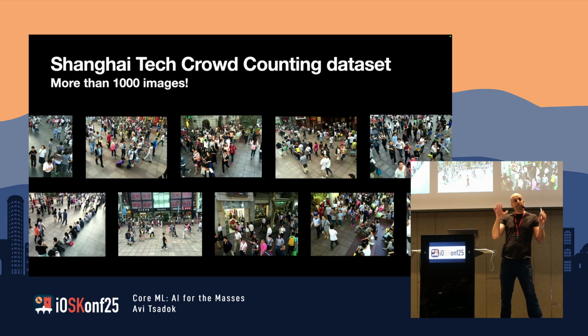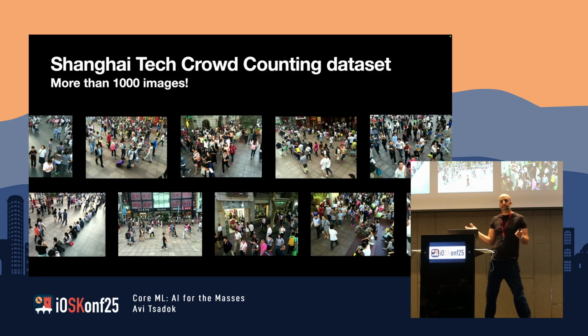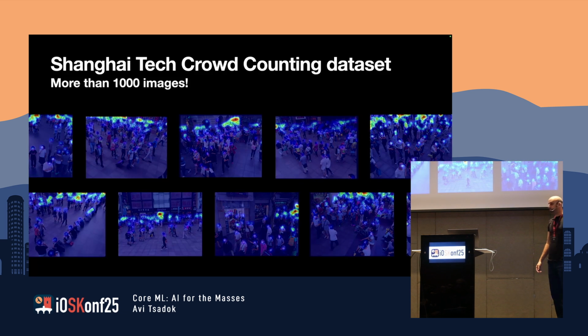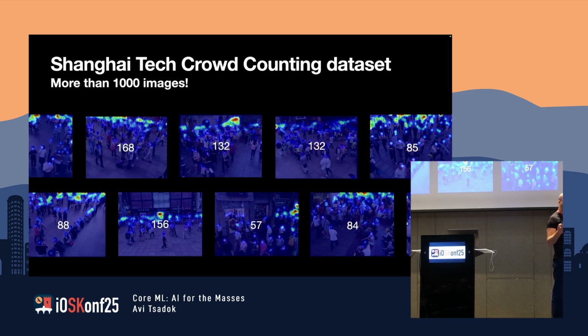And there were researchers in Shanghai who sat and really built a heat map for each one of the images. Because the main problem is that you need the image, but you also need a heat map so the neural network can learn. So they built all these heat maps manually and counted these people manually. And this is what they put into the dataset, and then we could train the model.